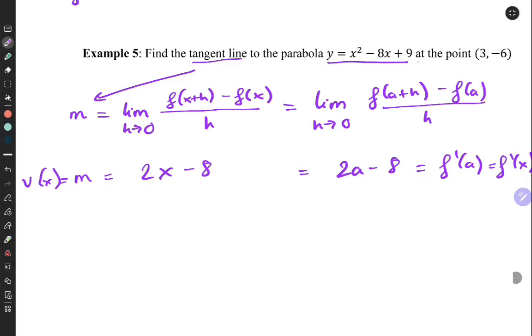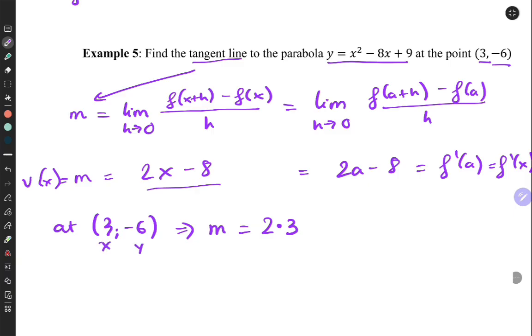Okay. At everywhere, slope everywhere is this. I want the slope at exactly 3, -6. So at 3, -6, my slope is going to be, which number am I going to plug in? 3.